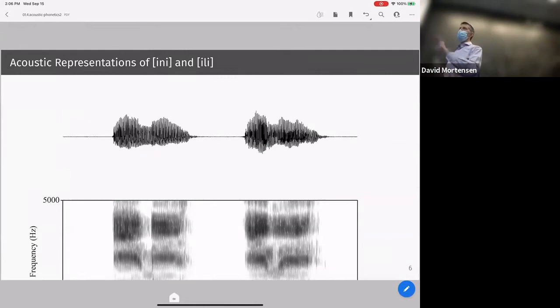And articulatorily, they don't really have that much in common. But acoustically, they actually have something in common. So does anybody know what this is? What is common about an N and an L acoustically?